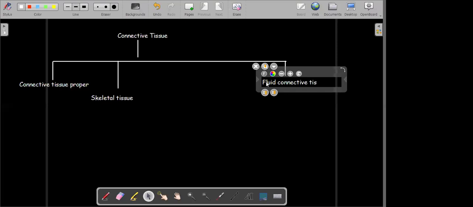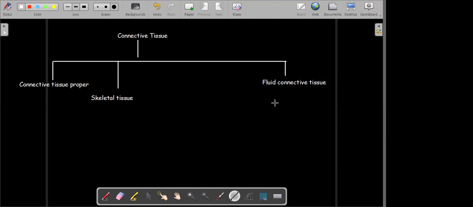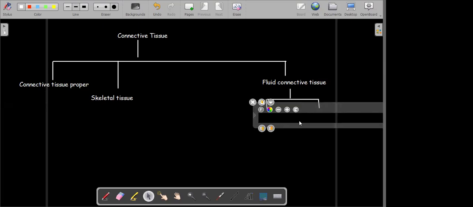Now these are again divided. The fluid connective tissue is divided further into two types: blood and lymph. These are the two types of fluid connective tissue in our body.